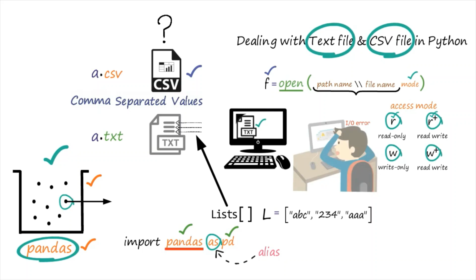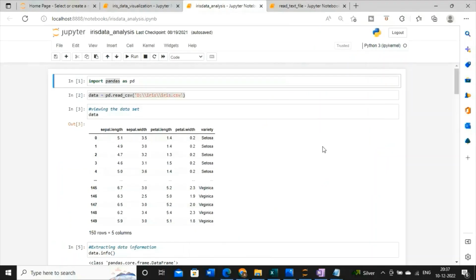Now see the code. So import is the keyword. Why am I using this keyword? In order to use this module pandas. This word is so long, so I am using the alias as. It is also a keyword, and pd is the nickname of this pandas module. Module means it is a collection of some functions. Which function?